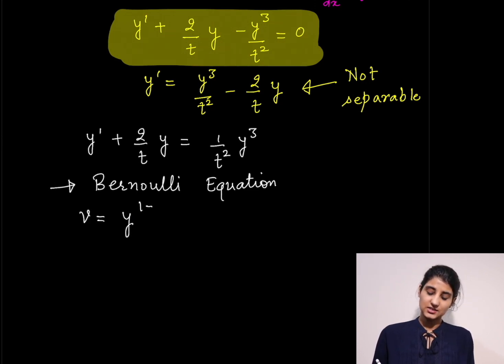Here our n is the power of the dependent variable on the right hand side. It's 3. So 1 minus 3. So we will substitute v equal to y power negative 2. This is our first step.